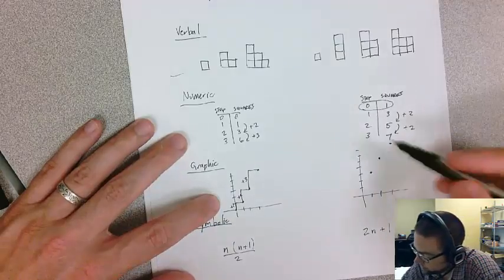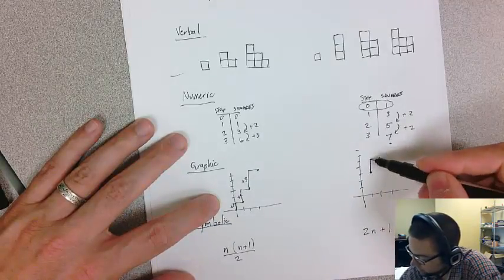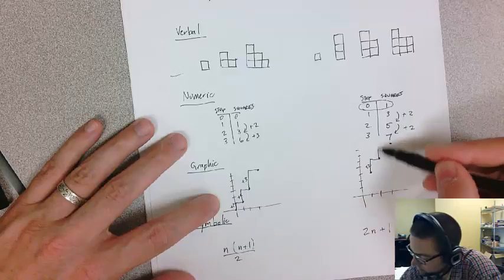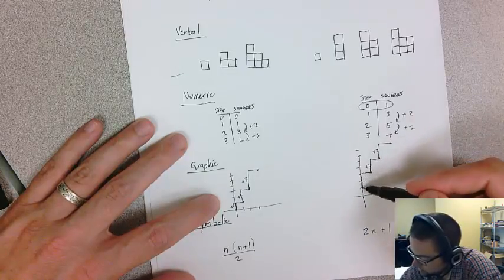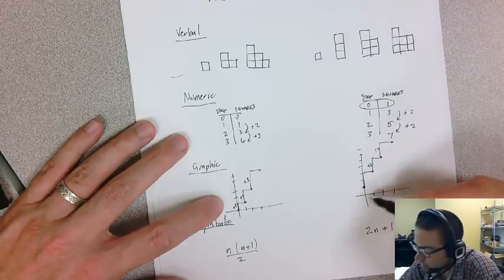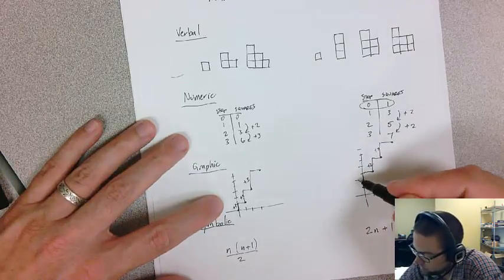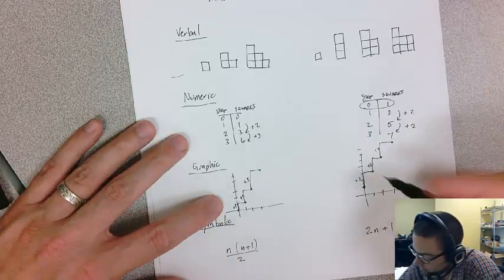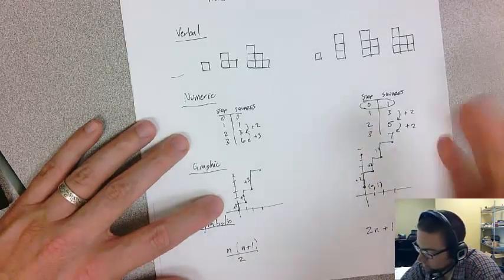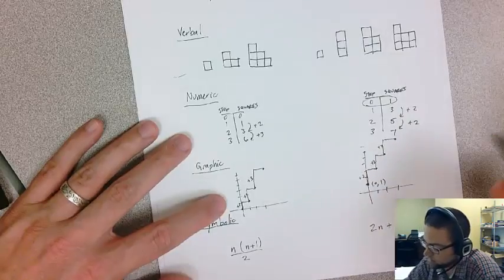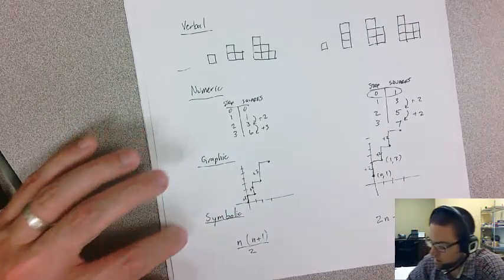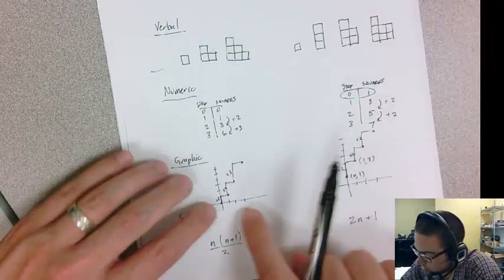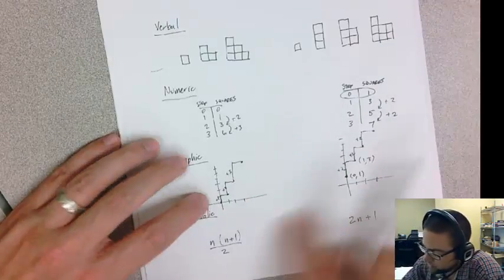And over here, it's growing by 2 each time, right? Plus 2, plus 2. And then if I went back, I'd be at that point, which is what I expect at 0, comma 1. So this is 0, comma 1, my initial condition, the starting condition. And this was 1, comma 3, and so on. Okay, so there are these different representations we can look at and say that this one's growing at a different rate than this one.